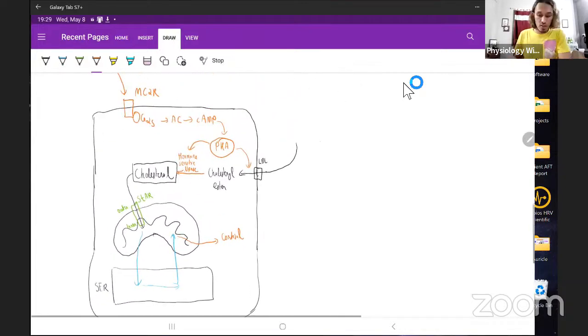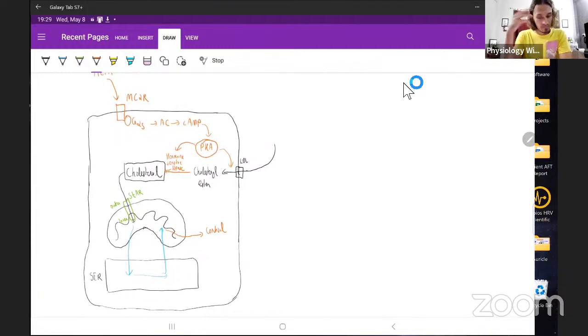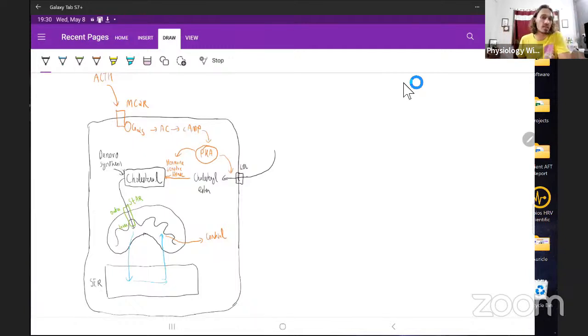Okay, so you got this clear? Your ACTH is acting on melanocortin 2 receptors. G alpha S, so adenylyl cyclase, cyclic AMP, protein kinase. Okay, protein kinase, one LDL mediated uptake, two hormone sensitive lipase activity converting to cholesterol. Okay, or it can also start a de novo synthesis, not only from outside, but from inside only it can start and produce a new cholesterol.